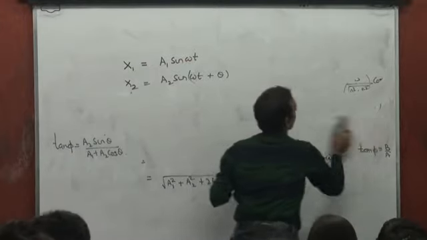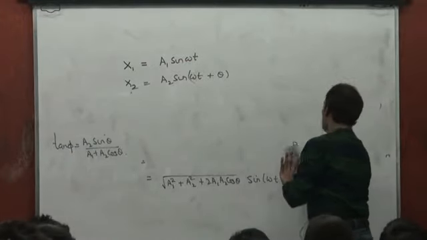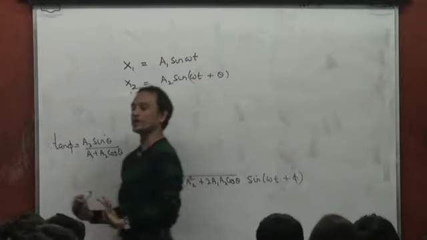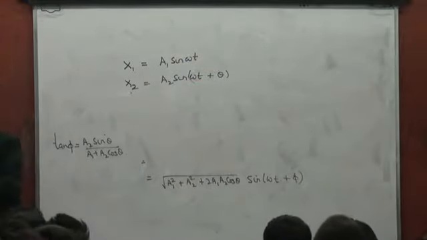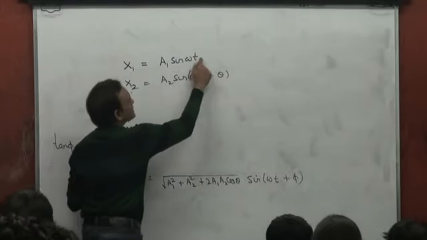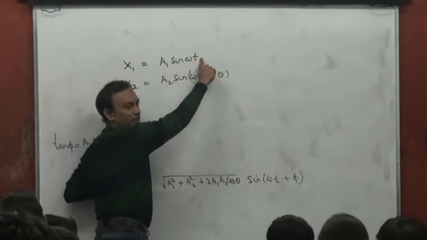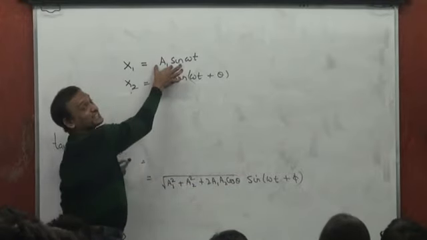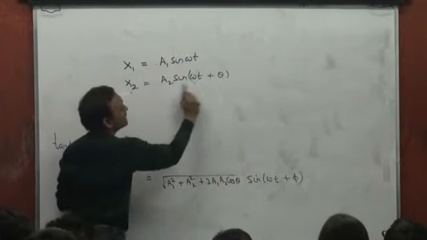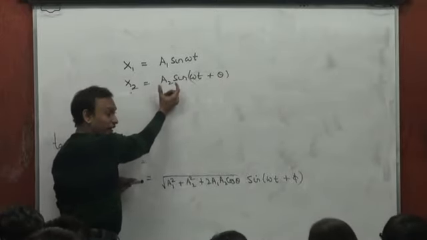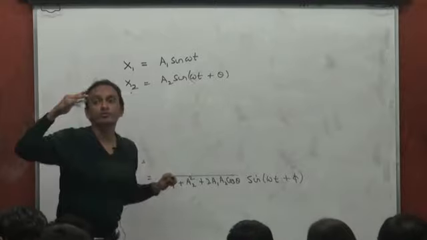Now, instead of doing all this trigonometry, there is a geometrical way of handling all this. This I can think of as a zero phase entity of maximum value a1. This is an entity of phase theta and of maximum value a2. Think of a vector.